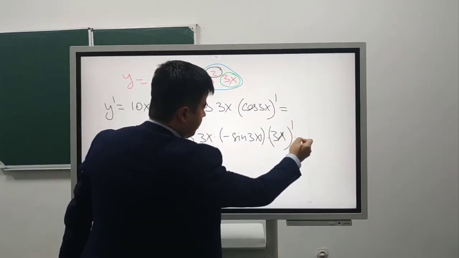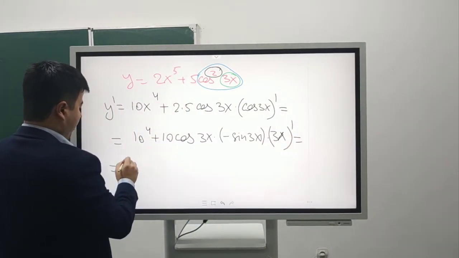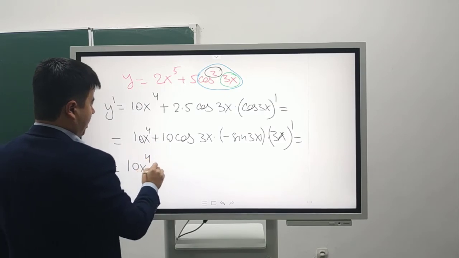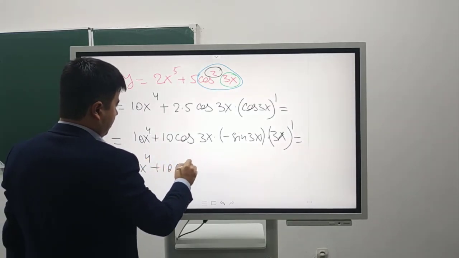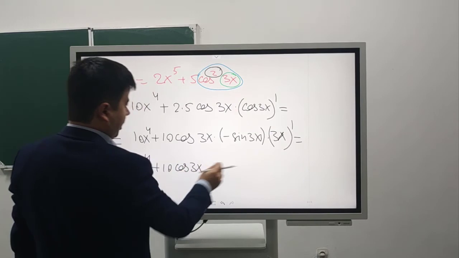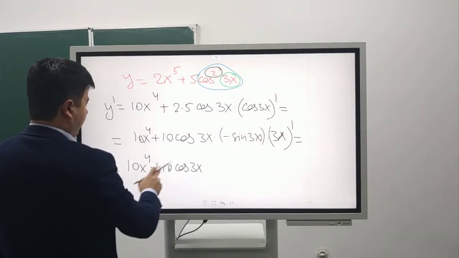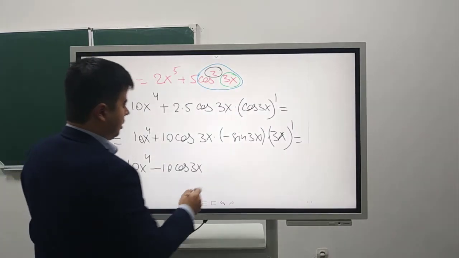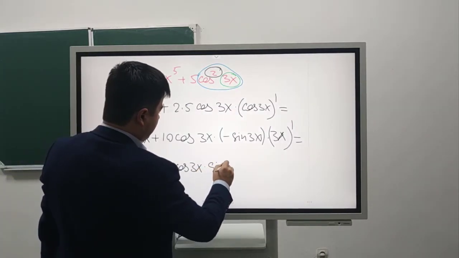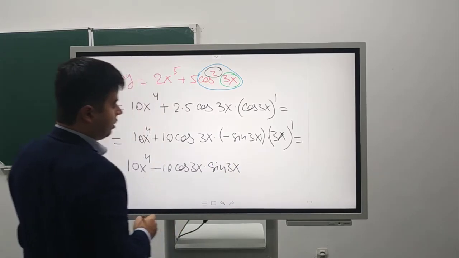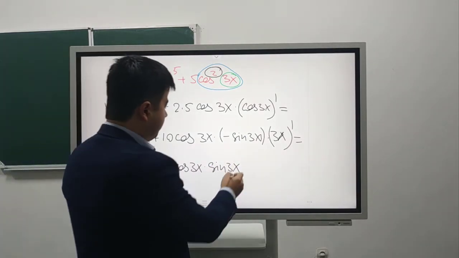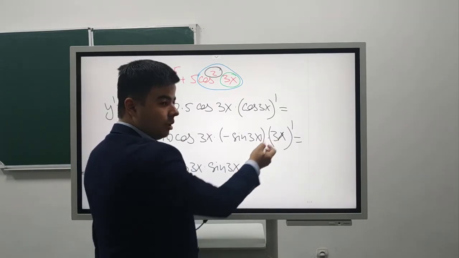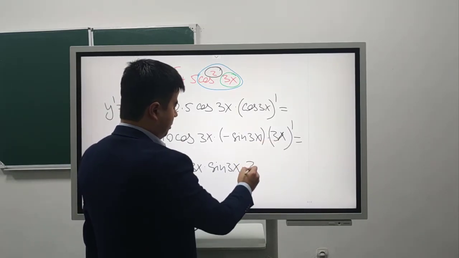So if we continue, here we have 10x to the fourth power plus 10 cosine 3x. Just write minus, because in the middle it will be minus now. Minus sine 3x times, we get here just 3, because the derivative of 3x is 3.